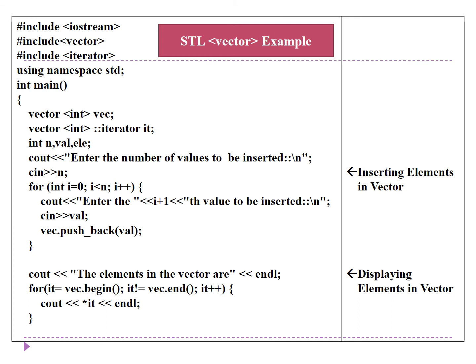Pushback is a function provided by the vector library which inserts a value in the vector. Using the begin and the end functions of the vector, the iterator is used to browse through each element in the vector.